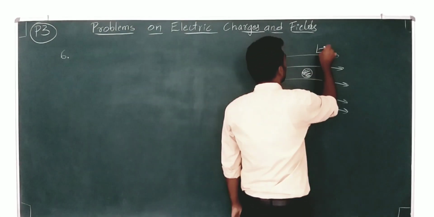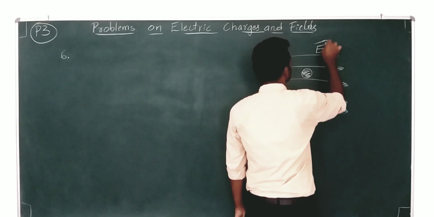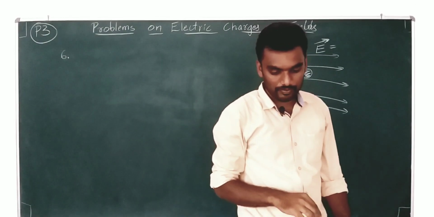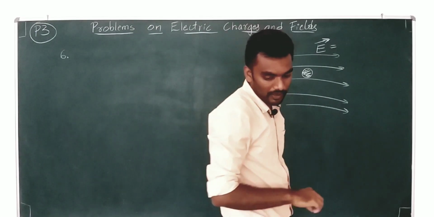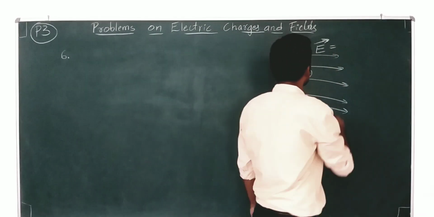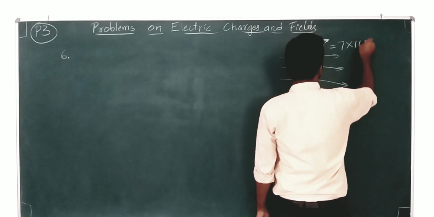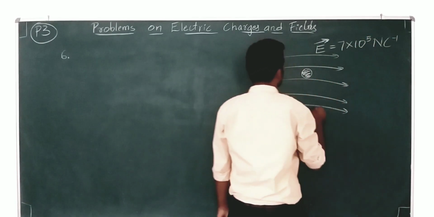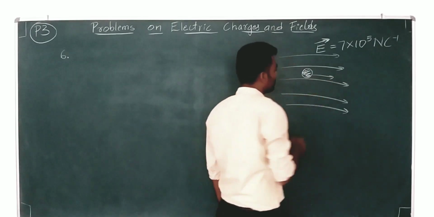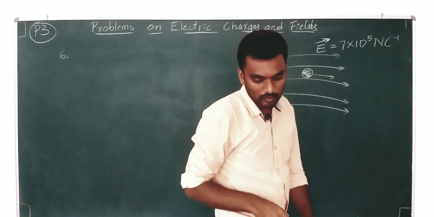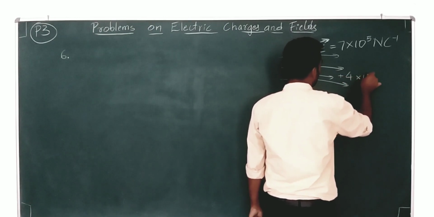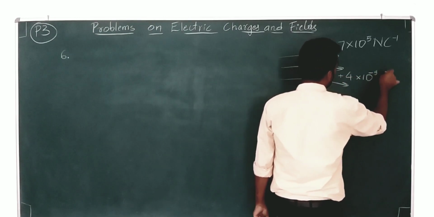Okay, so the value of electric field given E is equal to 7 into 10 to the power of 5 Newton per coulomb, right? And the charge that is kept in this field is plus 4 nanocoulomb. Okay, nano is 10 to the power of minus 9.